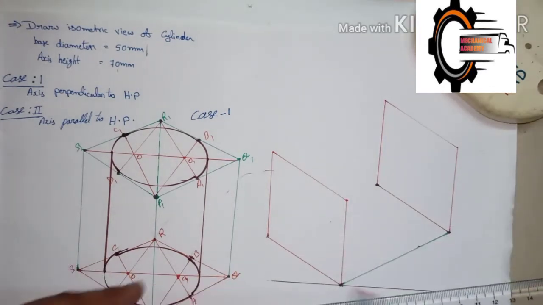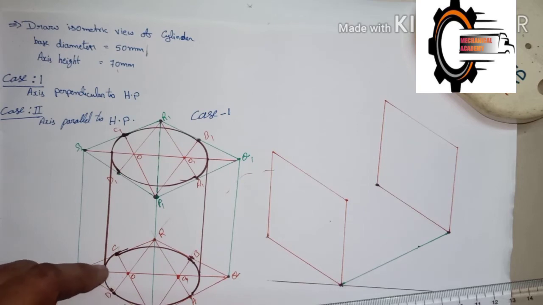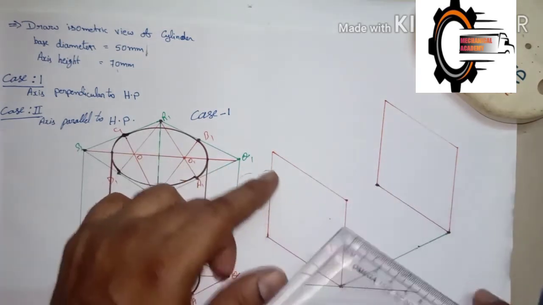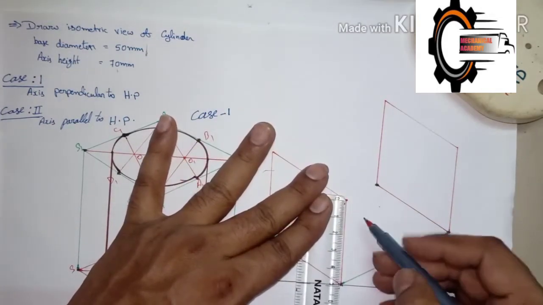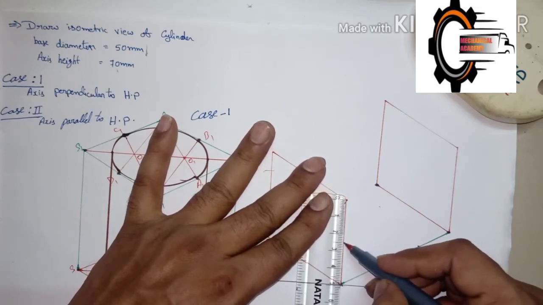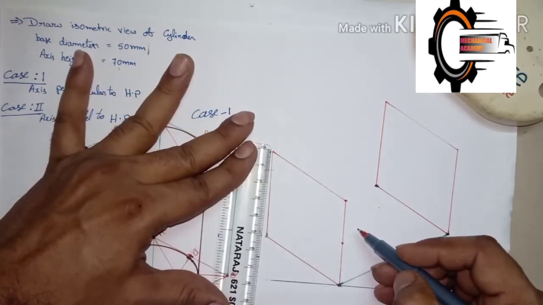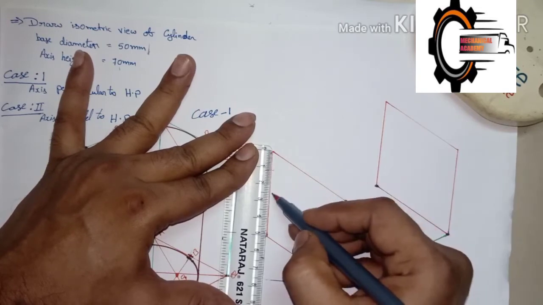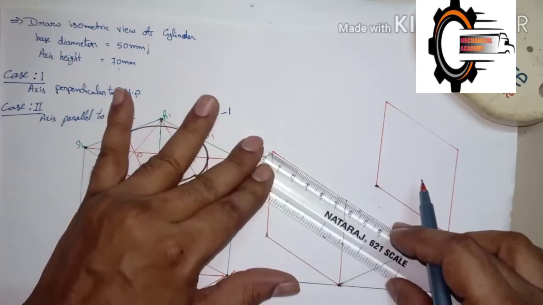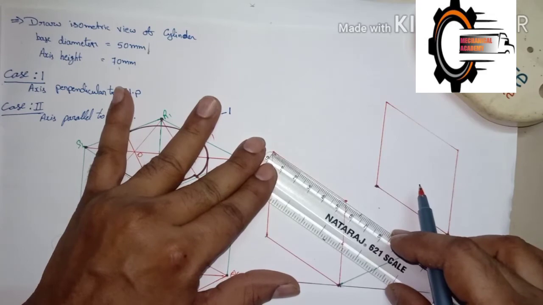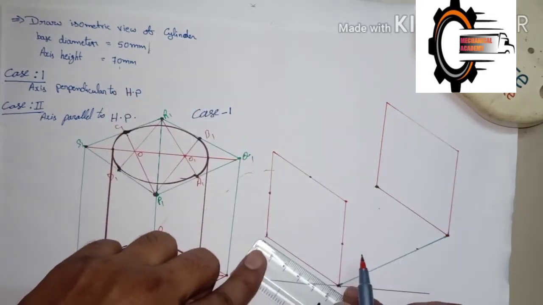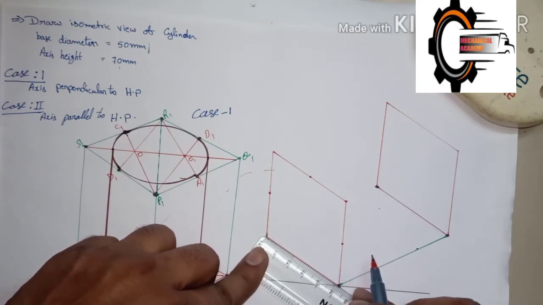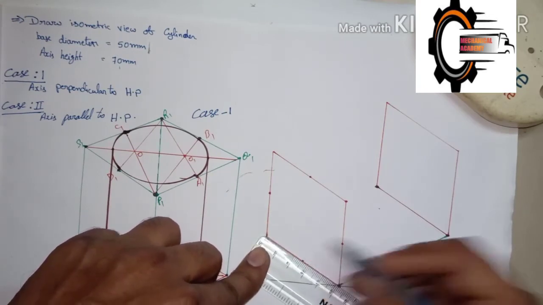Now first of all we have to divide this one. First of all we have to mark the midpoints of this rhombus, 2.5, 2.5, 2.5, 2.5.